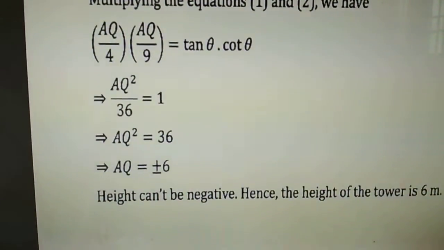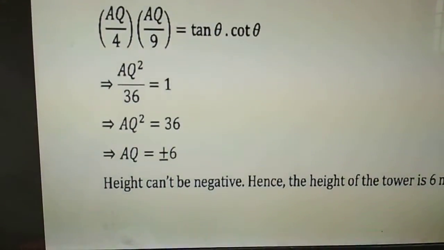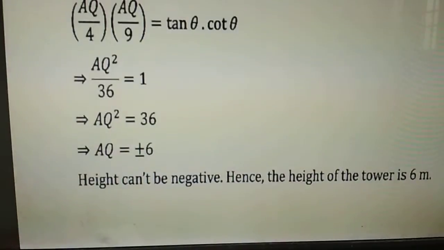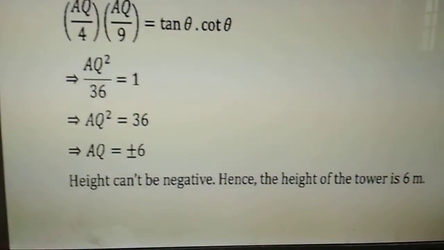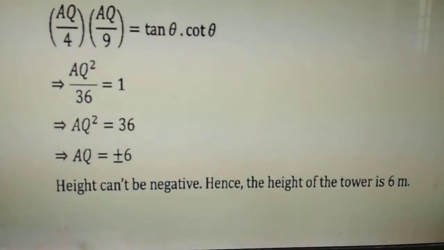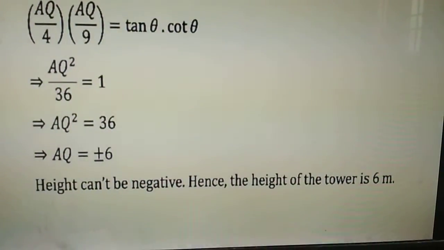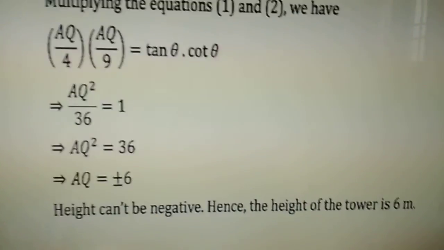AQ squared is equal to 36. Taking the square root, we get plus or minus 6. But since the height can't be negative, the height of the tower should be 6 meters. Hence, this is proved that the height of the tower is 6 meters. Thank you.